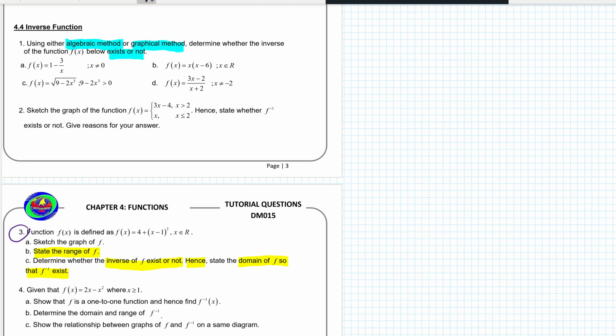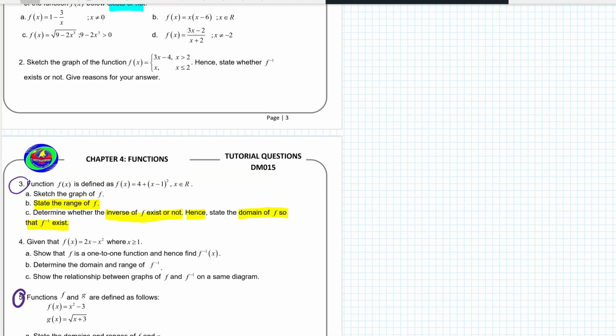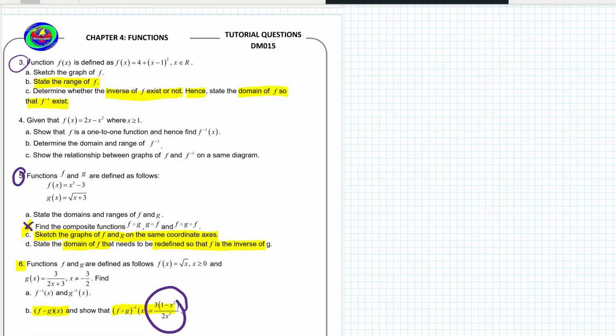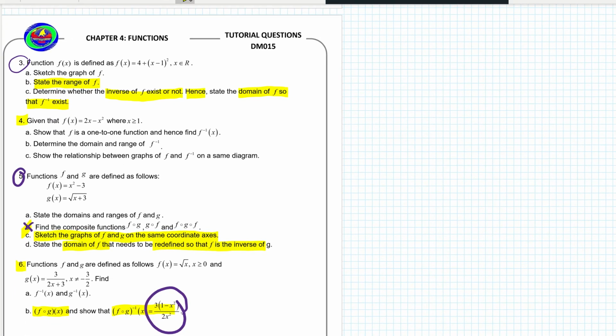Okay, so we proceed with our tutorial question 4.4 inverse function. So in this video we will discuss question number 4. Given that f(x) is equal to 2x minus x squared, where x is greater than or equal to 1.